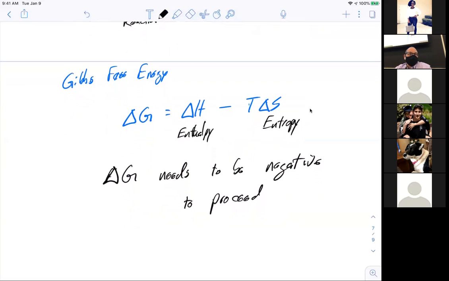And that takes in part both the delta H and the minus T delta S.